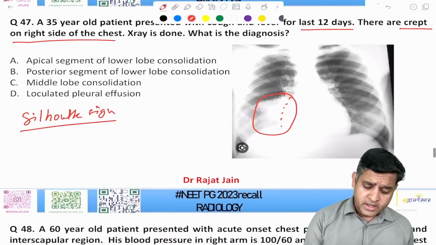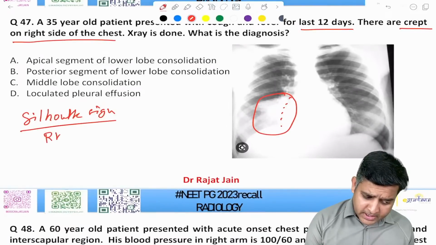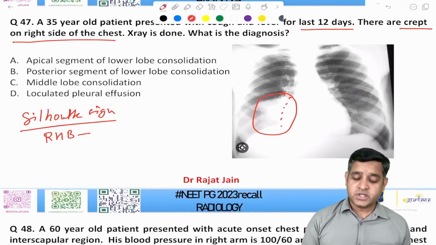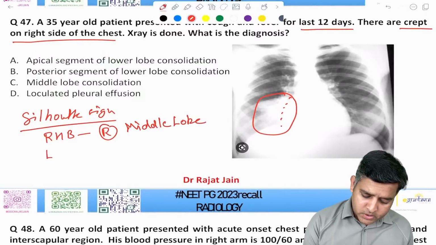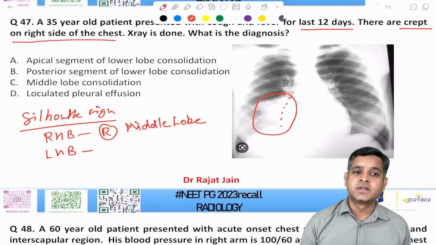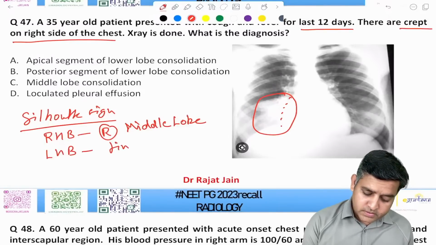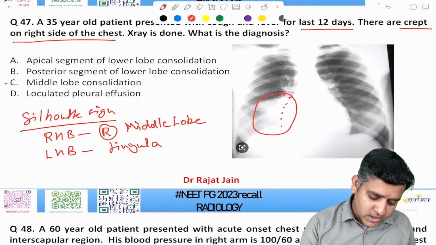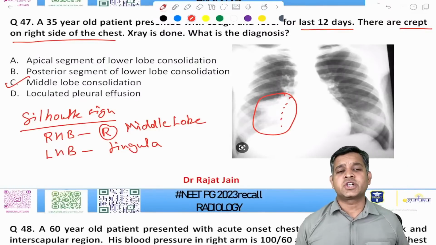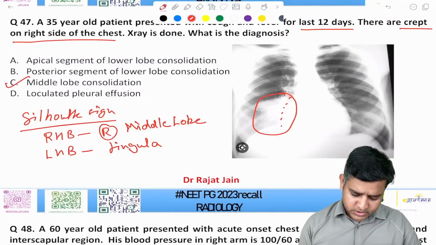If there is obscuration of the right heart border, where is the pathology? Right middle lobe. If you get a pathology that is obscuring the left heart border, where is the pathology? Lingula. So right middle lobe consolidation is the answer for this case.